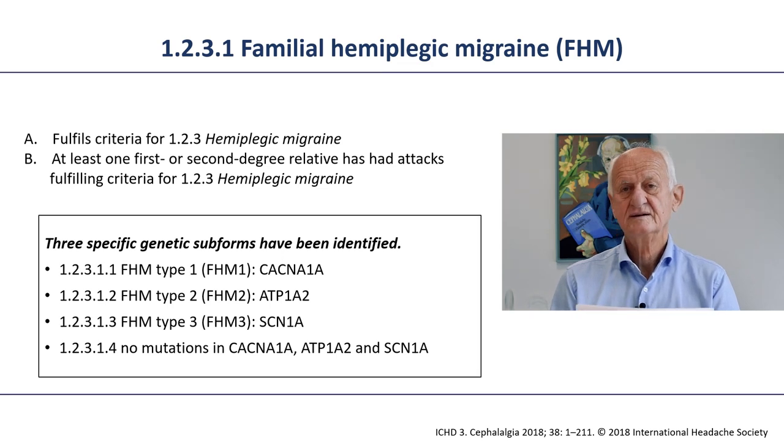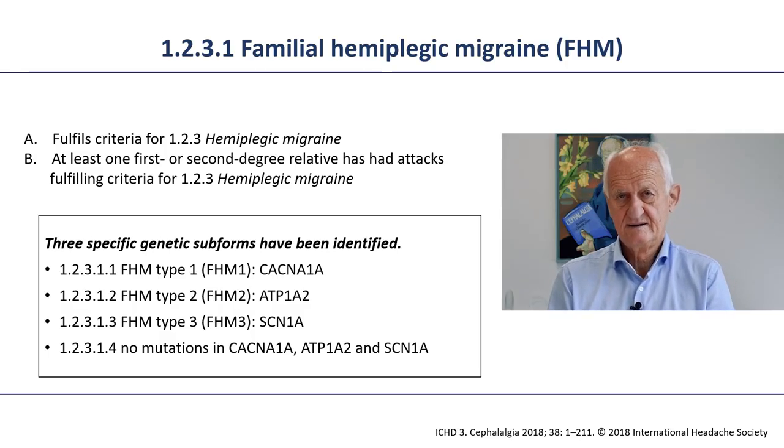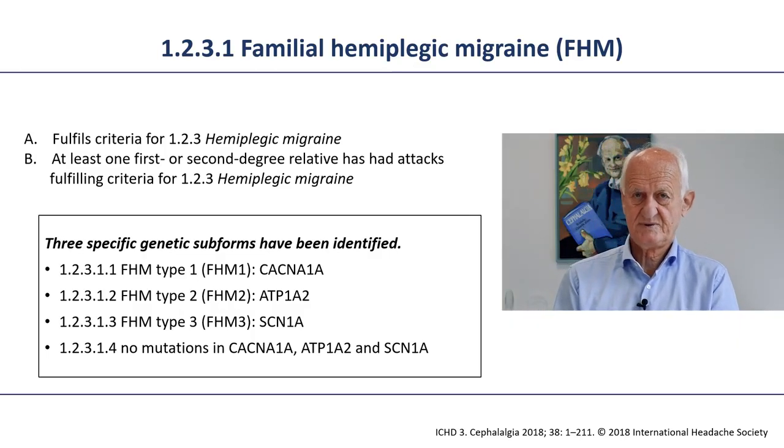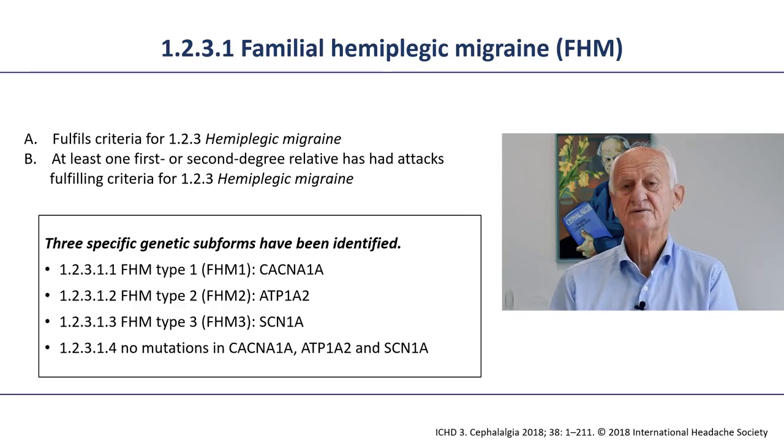And about half of the cases are familial and show a dominant-like inheritance pattern. And in the large families with a dominant inheritance pattern, the responsible genes and mutations have been identified in about 50% of the cases.